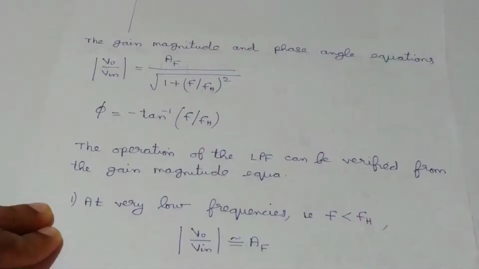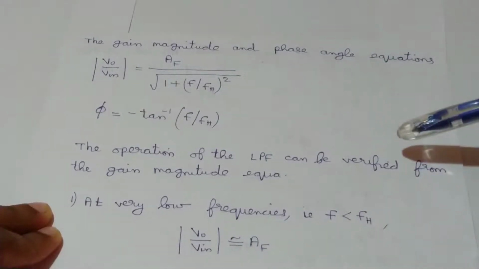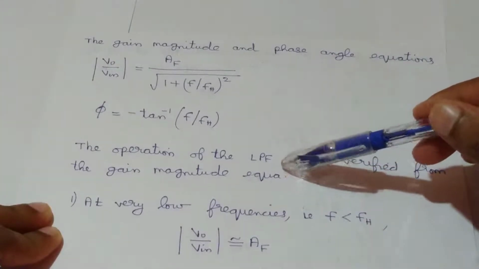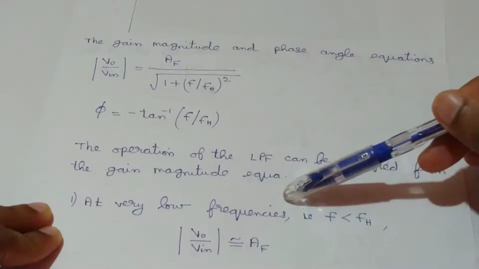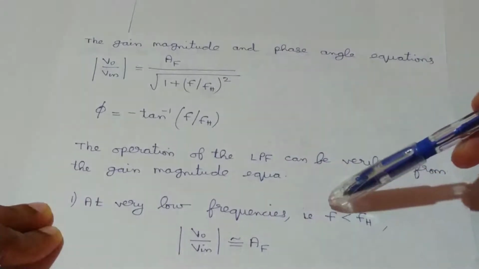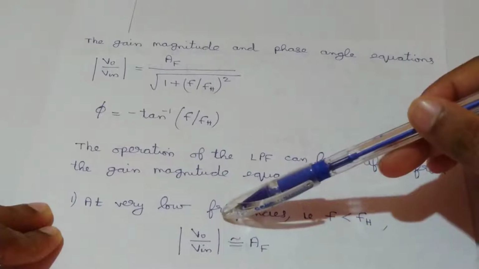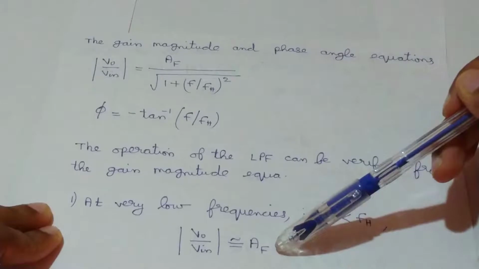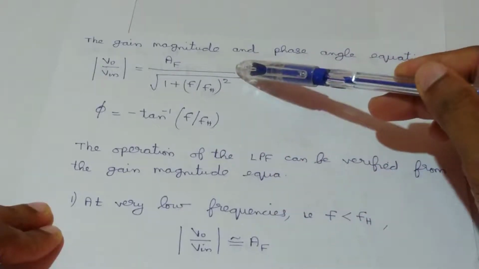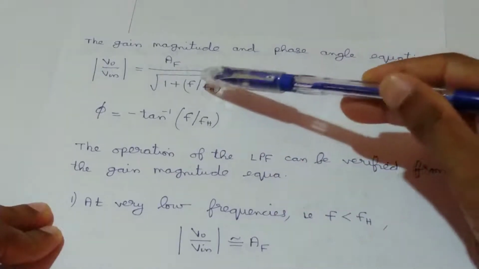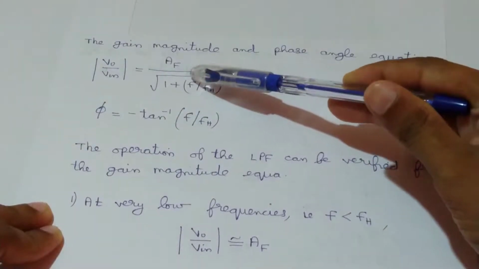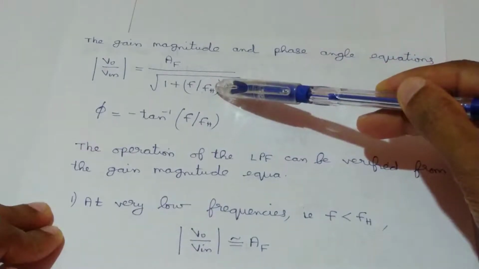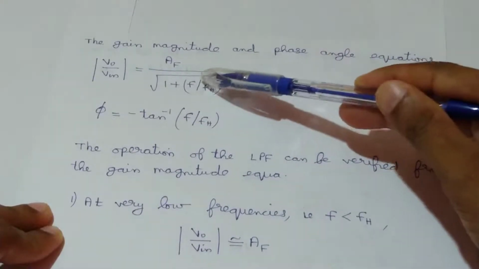Now the operation of the low pass filter can be verified from the gain magnitude equation. First consider this condition: at very low frequencies, that is f less than fh, we will get mod Vout by Vin approximately equal to AF. How will we get this? Consider this equation. Here when f is less than fh, the value f divided by fh is less than unity, or less than 1.